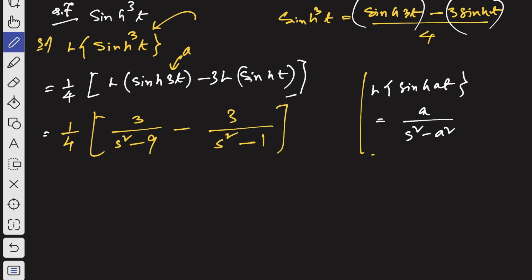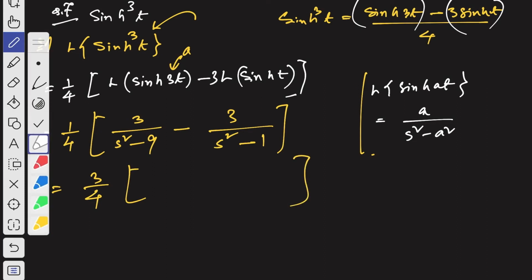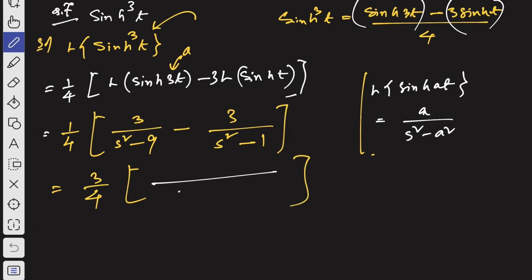So here you see we can take this 3 common, right? If you take this 3 common, then you will get 3 by 4. Then what we are going to do is take the LCM. So the LCM of s square minus 9 into s square minus 1. Taking that, what you will get is s square minus 1 minus s square plus 9, right?